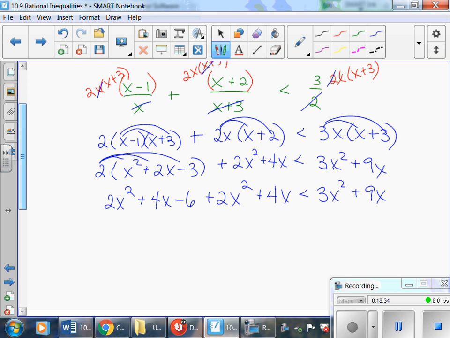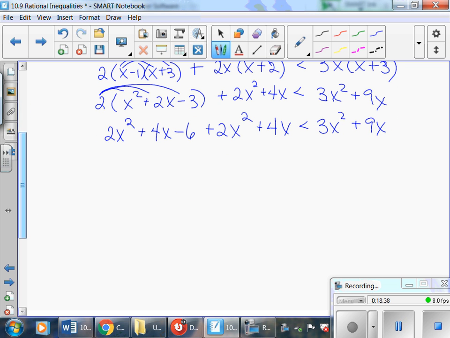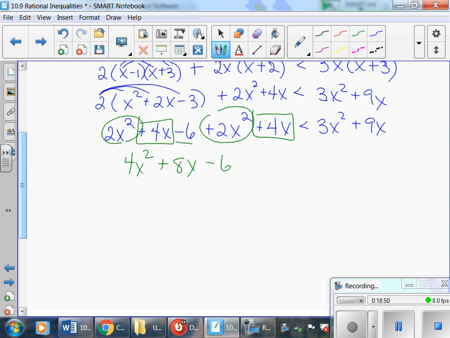We're going to combine like terms on the left-hand side of our inequality sign. So I have x squares here, which is 4x squared. I have 4x and I have 4x, which is a positive 8x. And I have that minus 6 left over there, is less than 3x squared plus 9x. And just like in the last problem, we have to make sure we get this equal to 0.